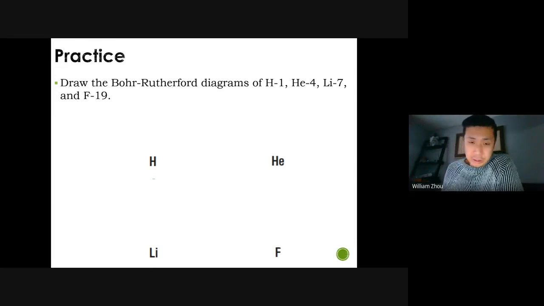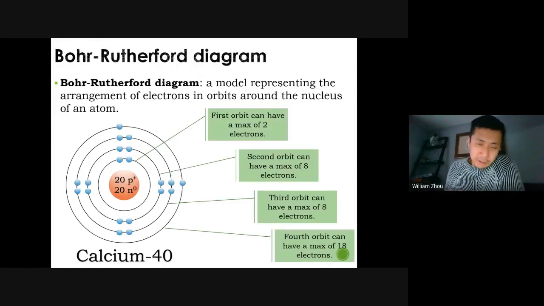In the nucleus, let me just go back. Look what I have on this slide. You need to tell me how many protons and how many neutrons. Okay, don't just draw a circle. That's what a lot of people do. And a lot of people draw a circle and they put the element symbol, like for this one, calcium, Ca, in the nucleus. You can't do that. You have to tell me how many protons, how many neutrons.